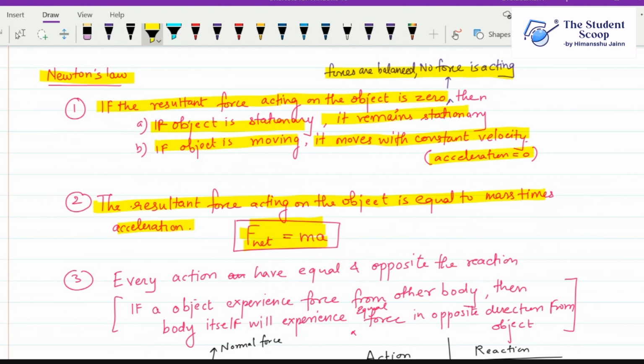It is not just any force that is equal to mass times acceleration. It's the combined effect of all the forces, because no matter how many forces are acting, the object is going to accelerate in one direction only. The direction in which the object is accelerating is the direction of the resultant force, the combined effect of all the forces.